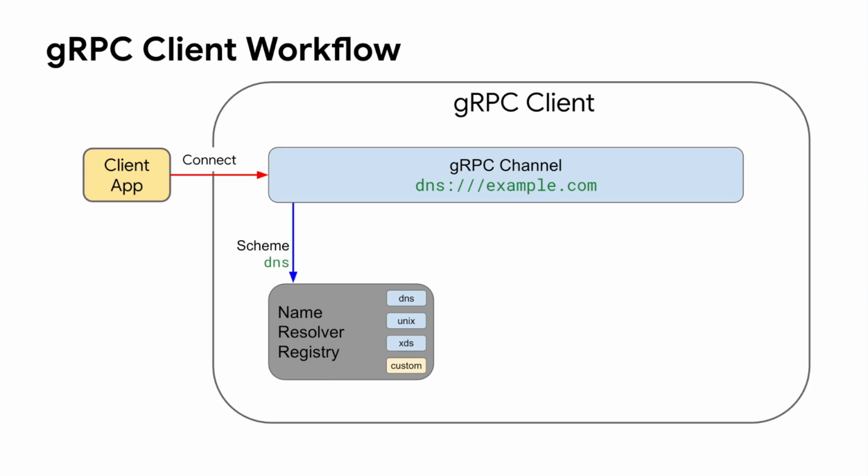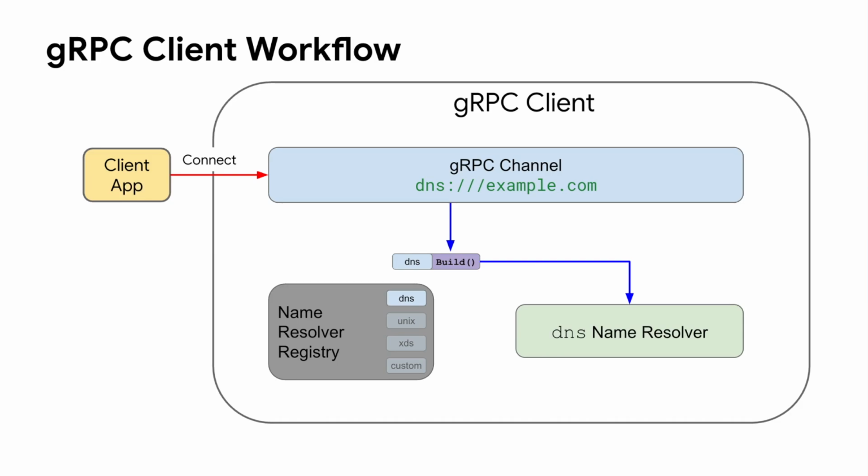The first thing the channel does is it looks up the name resolver registry with the scheme portion of the target, which is DNS here. The registry returns the builder for the specified scheme if one exists. If the scheme is not found in the registry, the channel ends up using a default name resolver. The returned builder contains a build method for the channel to invoke.